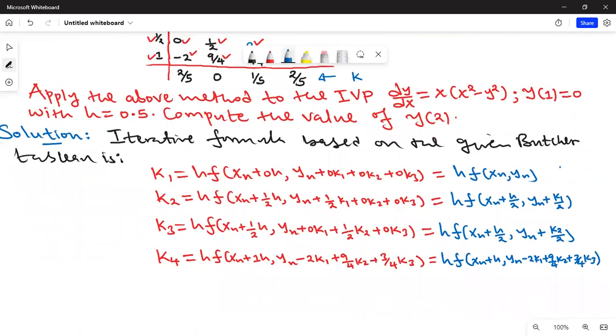So from the fifth row, we'll have k is equals to, of course there's no h, so we start with 2 over 5 k1 plus 0 k2 plus 1 over 5 k3, and this other value is for k4, 2 over 5 k4.